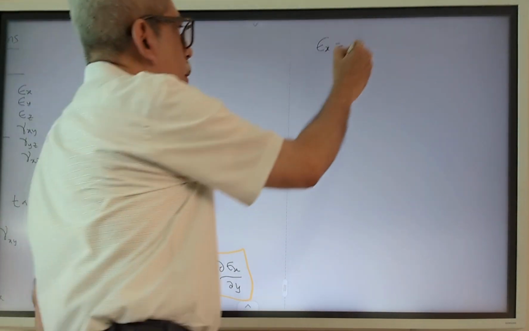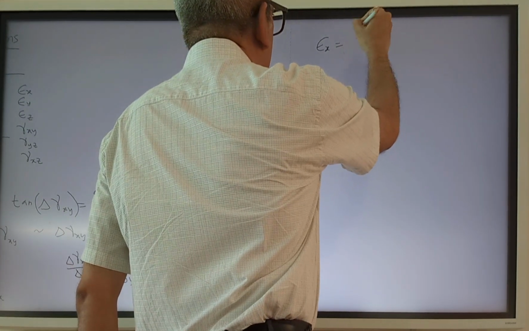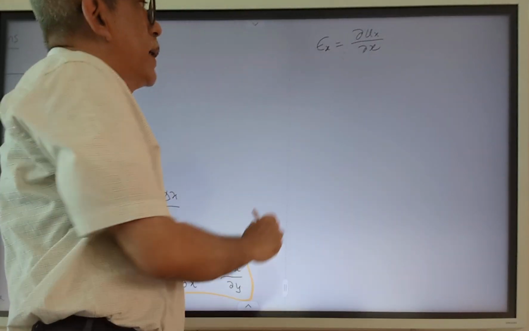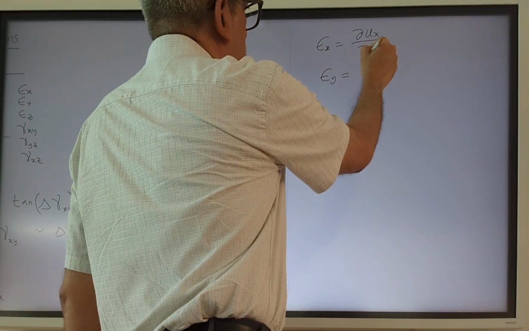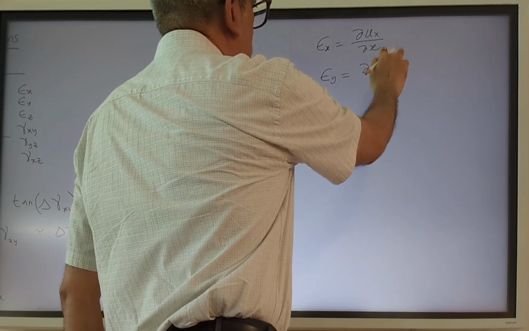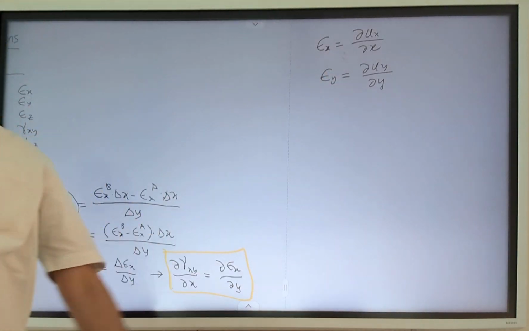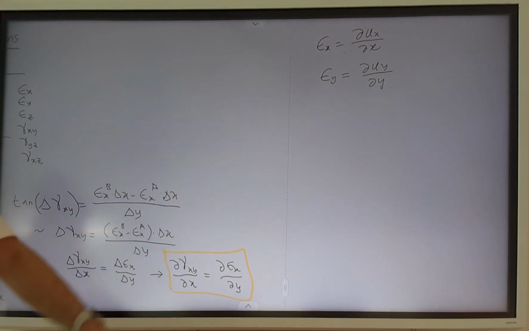Epsilon x is partial ux by partial x, and epsilon y would be given as partial uy by partial y. These two equations are available to us.